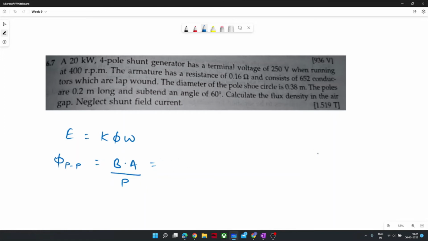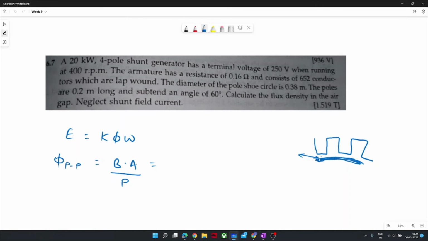Now area would be, let's say this is the rotor and this is the stator. So this area would be the component. We take one axial component and we take this radial component.